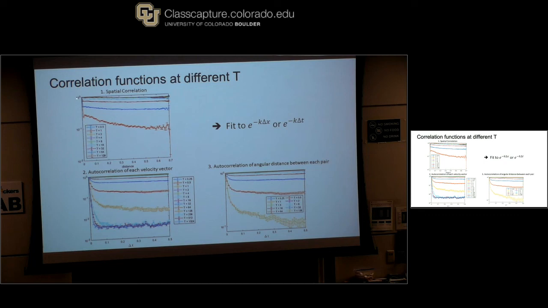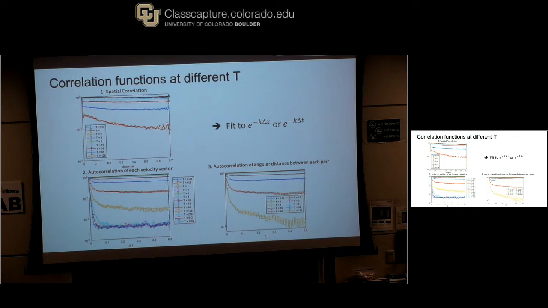Then at low temperature you have a very small decay as you increase the distance in terms of space or time, and as you increase the temperature, you see this decay rate start increasing. If you go up to really high temperature, then with a small finite change of distance or time, you almost immediately go to 0, up to the resolution we could probe in our simulation, and now you just have a flat curve because the birds cannot align with each other.